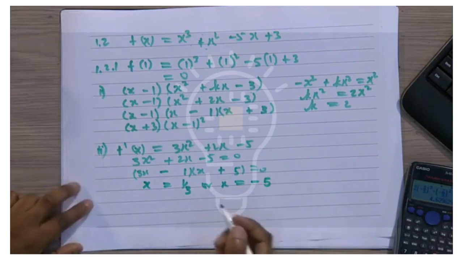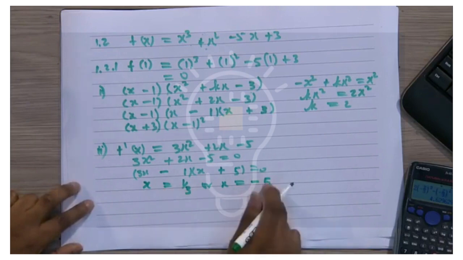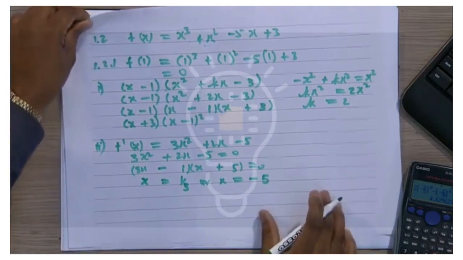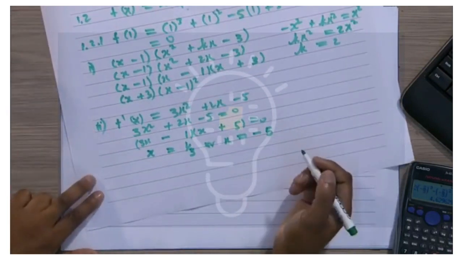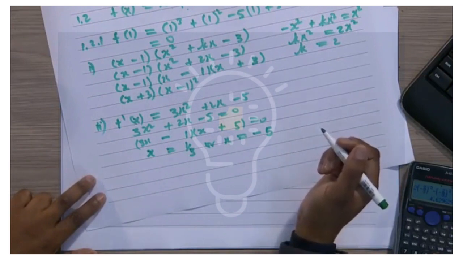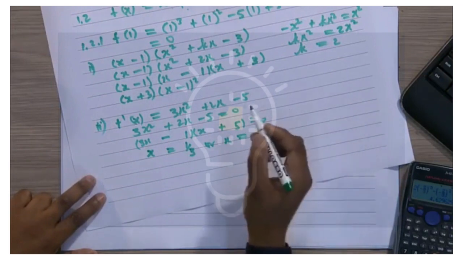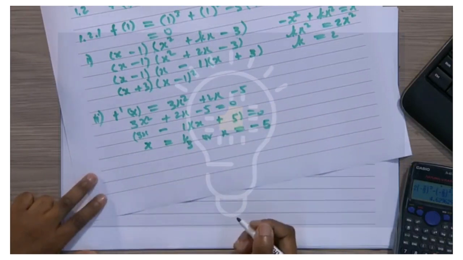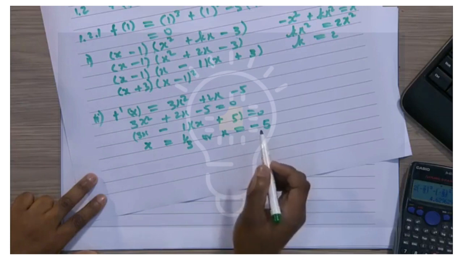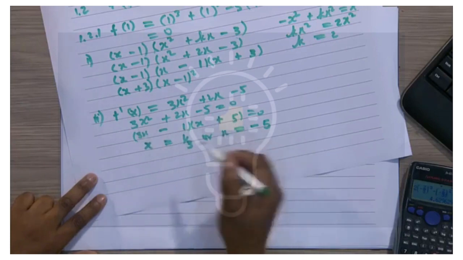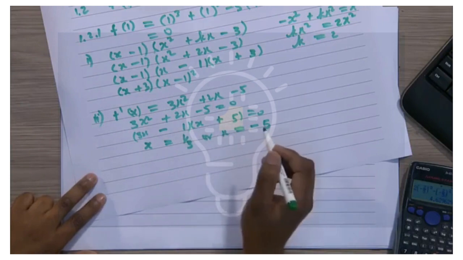Finding the corresponding y values, we substitute these back into the original function. I'm just trying to see if everything is going accordingly. I'm rushing here, so I can easily make some mistakes.